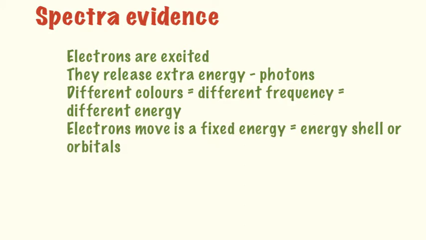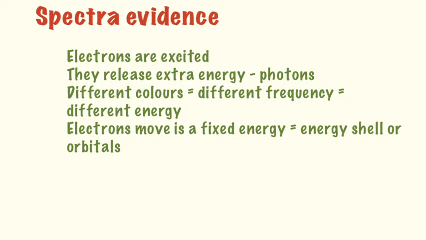The idea that the energy levels were in fixed positions first came to us when people were able to break the spectrum apart. Now, when we break the spectrum apart, sometimes we see a bright line, other times we see a dark line spectrum. For any particular atom, that position, or wavelength, if you like, is in the same spot.